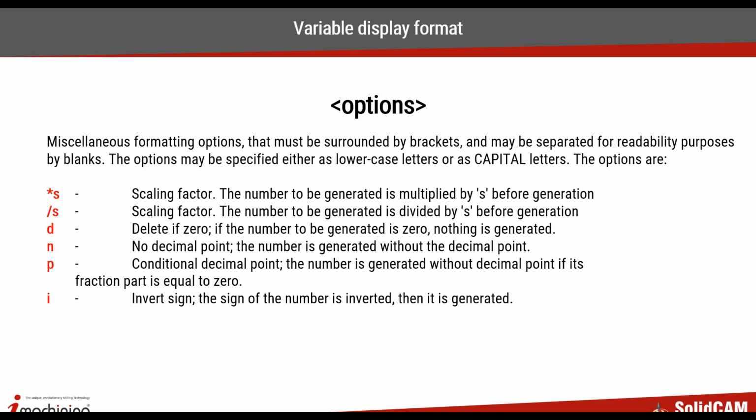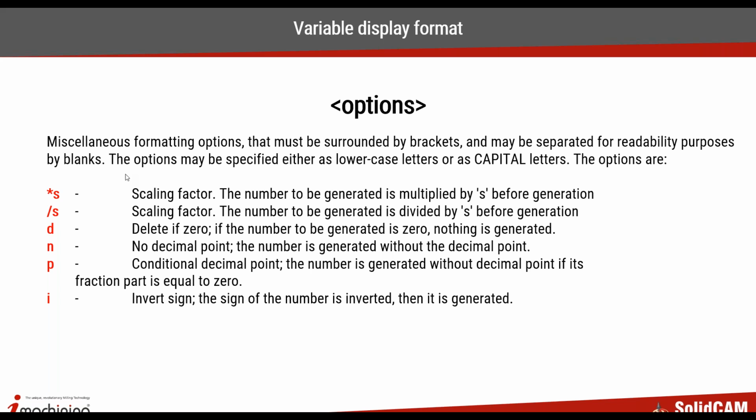You need the coordinate after all, but it is an option, a rarely used option to be honest, but you can do that. And N goes with the no decimal point. It will just delete the decimal point. If you have 123.456, it will just make it one number without the decimal point.